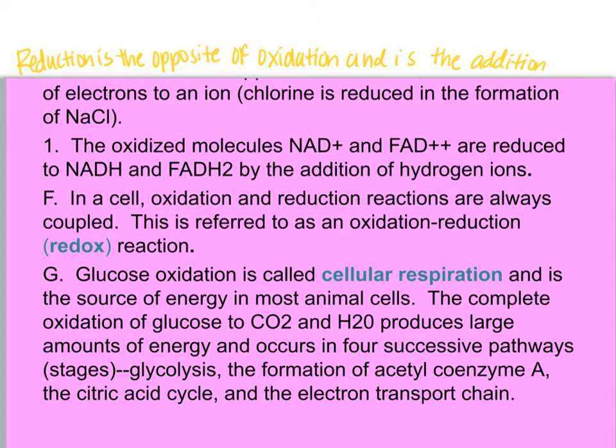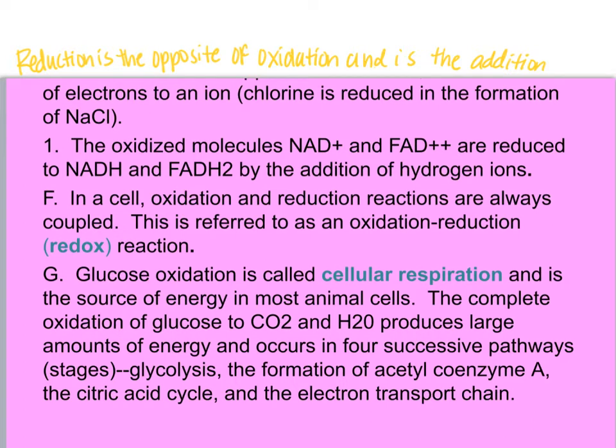So that brings us to the opposite of oxidation, which is called reduction. So reduction is going to be the adding of electrons rather than the taking away. So anyway, the oxidized molecules NAD and FAD are reduced to NADH and FADH2 by adding hydrogen ions.